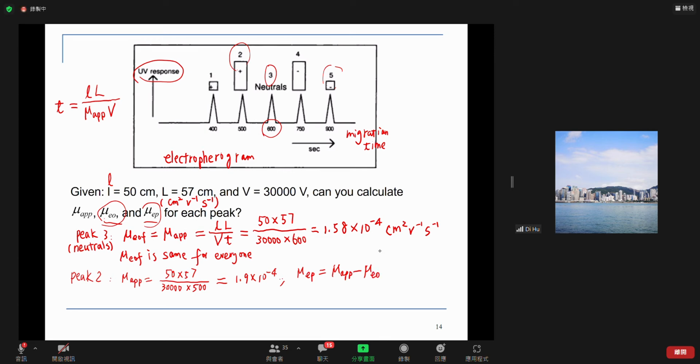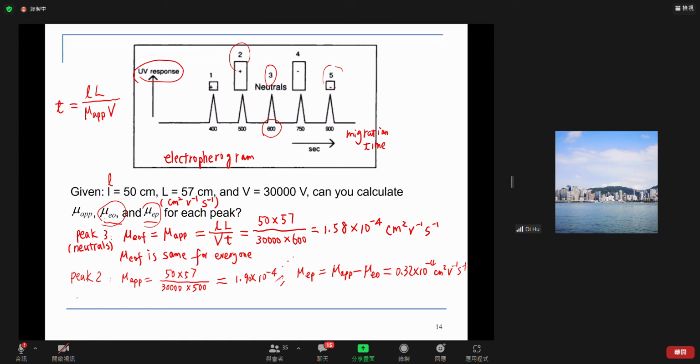And we got 1.9 minus 1.58, which equals 0.32 times 10 to the minus 4th square centimeter per volt per second. So here also you need to add the unit. So that is my peak 2. Agree? Do you get the same answer? If you can get the same answer, that is good.